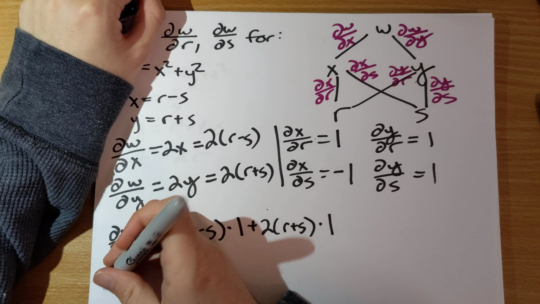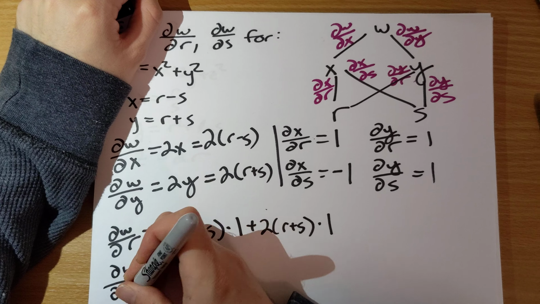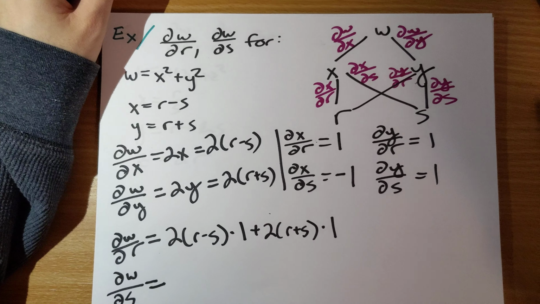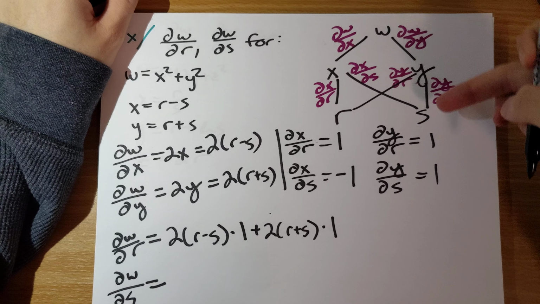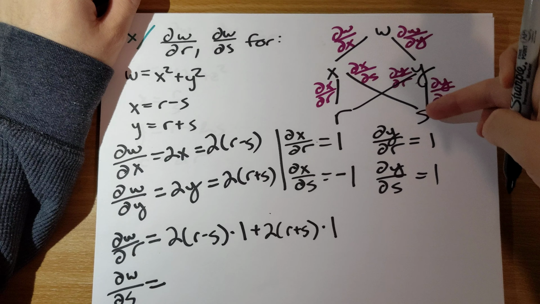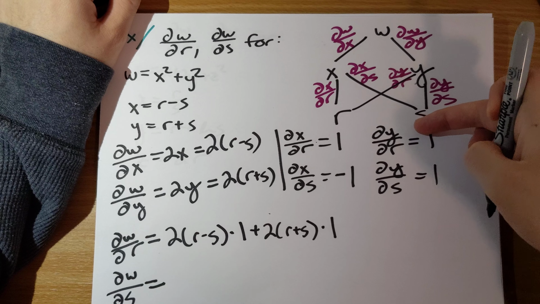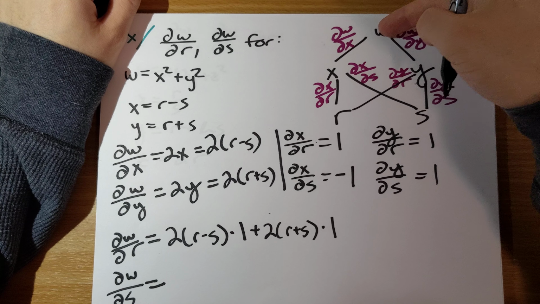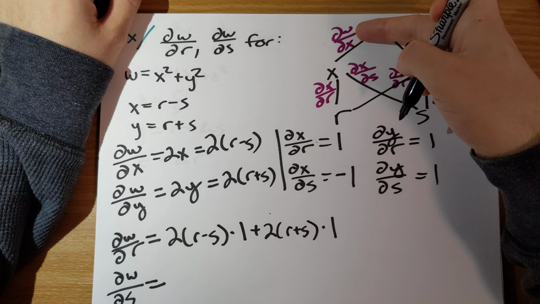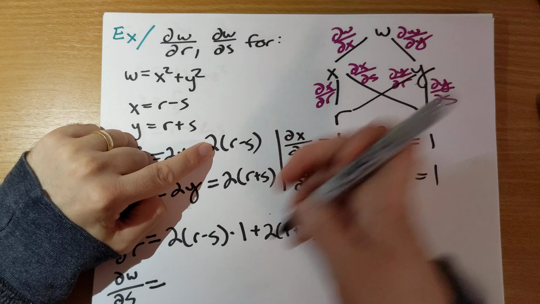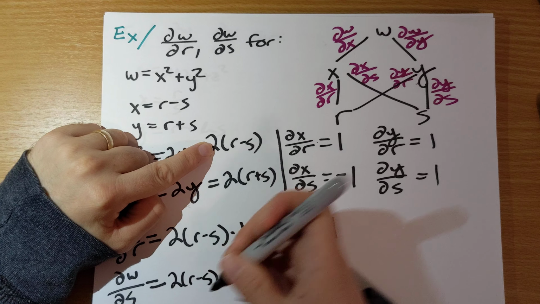And then similarly, partial w, partial s. There are 2 ways to go from w to s: w to x to s, and w to y to s. So the first way, w to x, partial w, partial x is 2 times r minus s.